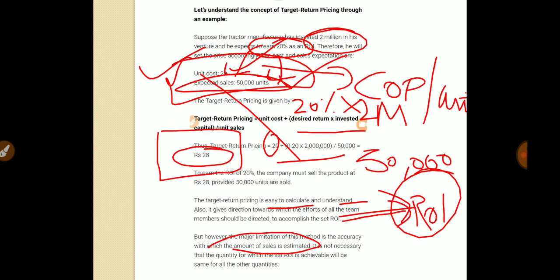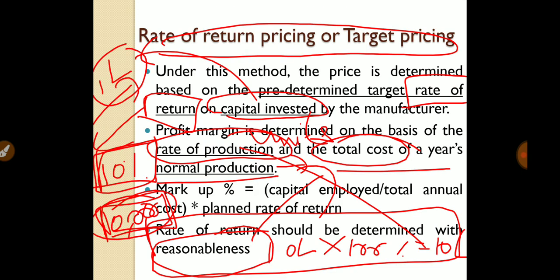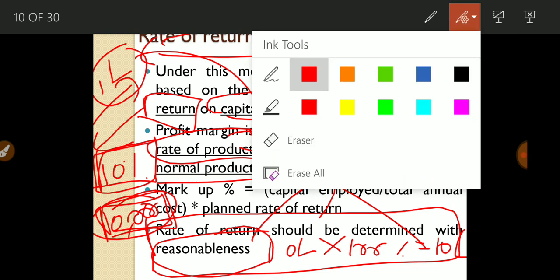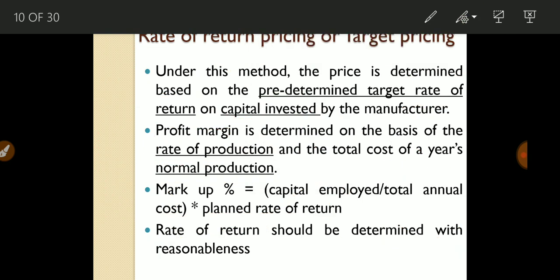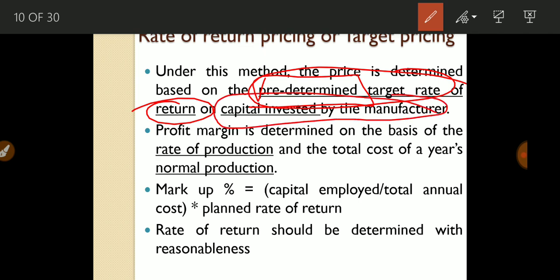So rate of return or target pricing is a method where the price is determined based on a predetermined target rate of return. What's important here is you are going to determine it earlier, and on what will you have your rate of return? On the capital which is invested by the manufacturer.